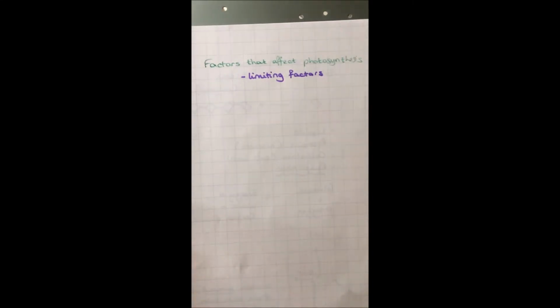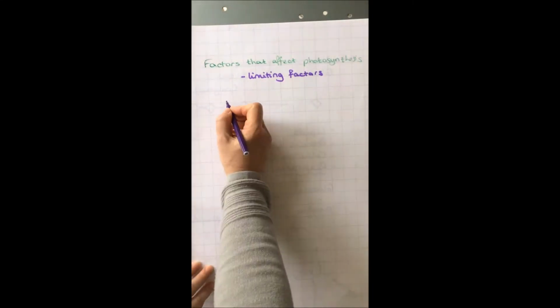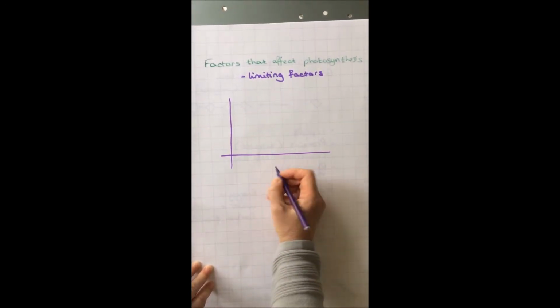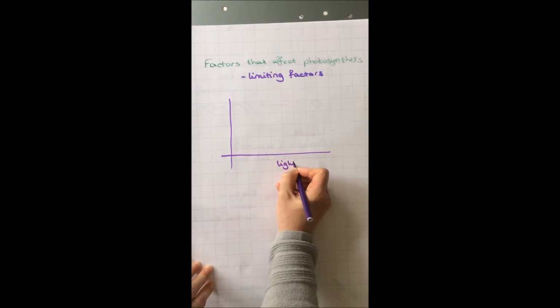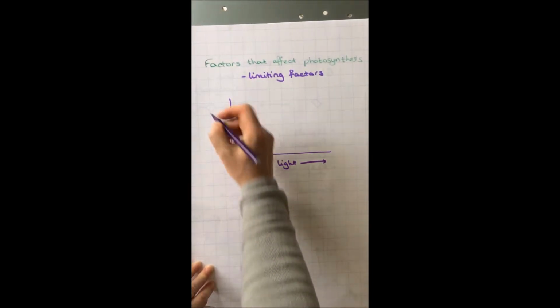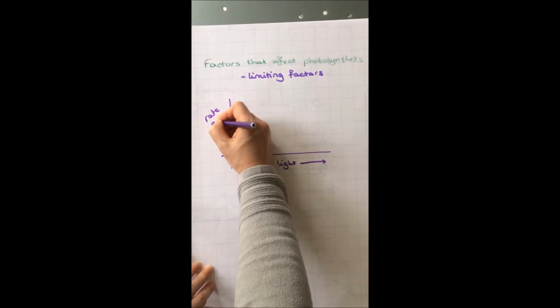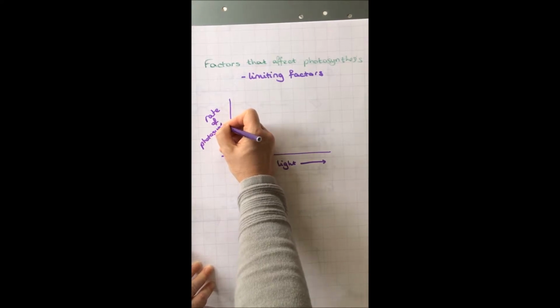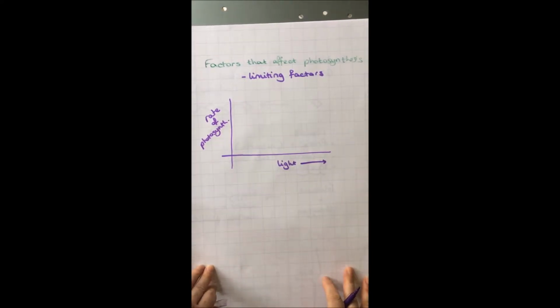So we can draw that on a graph, and this is how they might give it to you in your exam. Okay, you've got your graph, and let's say we were doing light. So you have light increasing along the x-axis, and then you have the rate of photosynthesis on the y-axis.